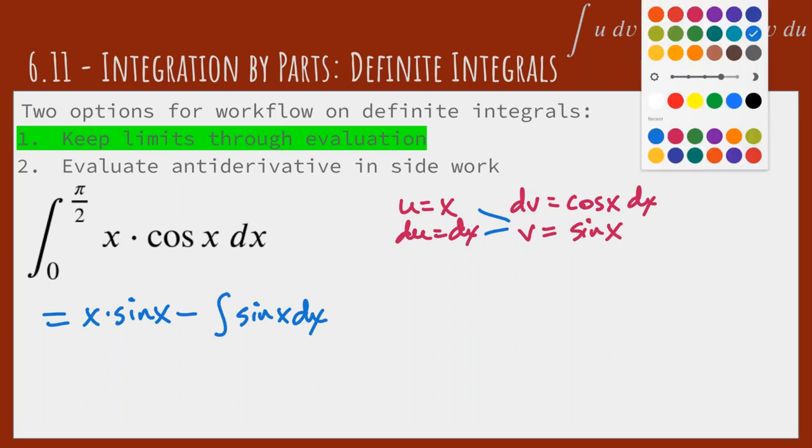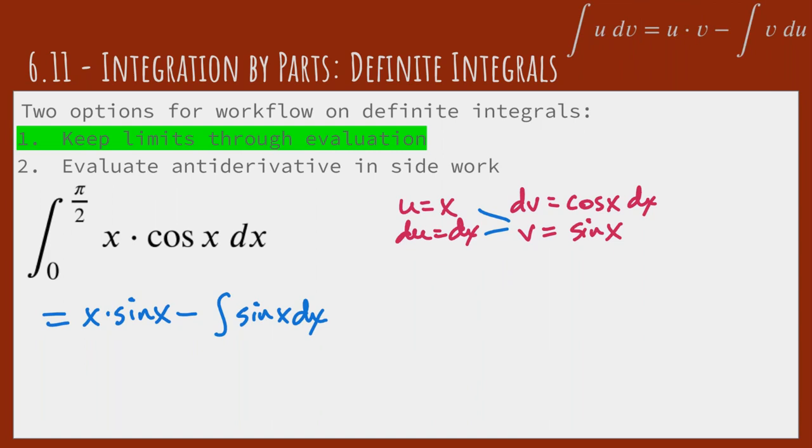Using this first option and keeping the limits on our expression, we need to not only include our limits here, but we also need to include them here. By using this evaluation bar and showing that we're evaluating this expression from 0 to pi over 2, now this is a number and this is a number. So the type of answer we're getting from this expression is what we expect.